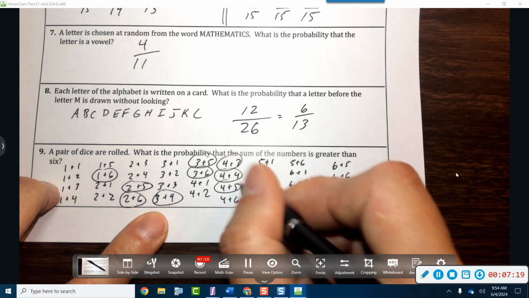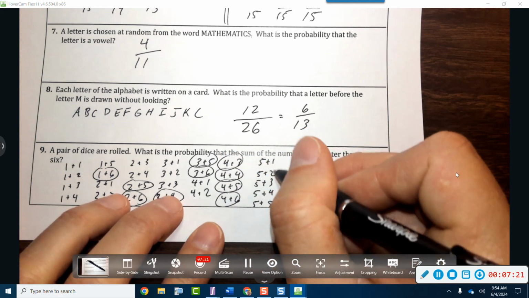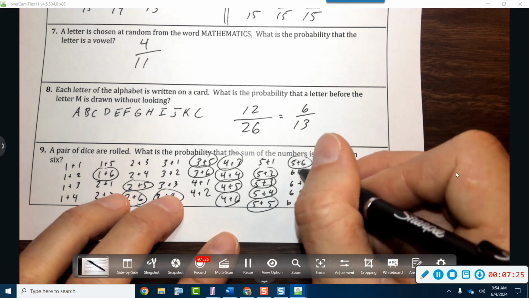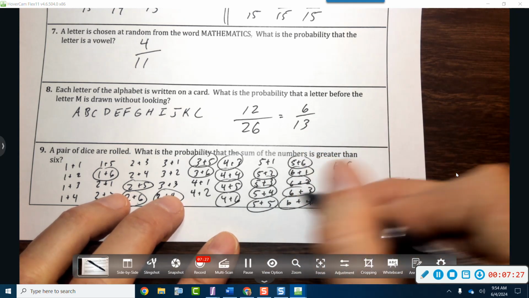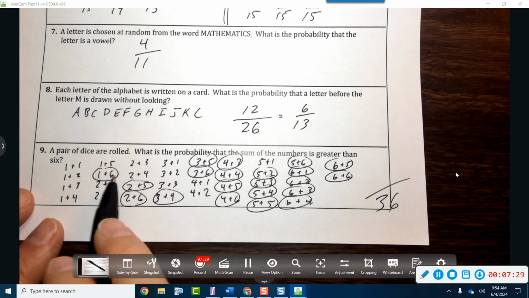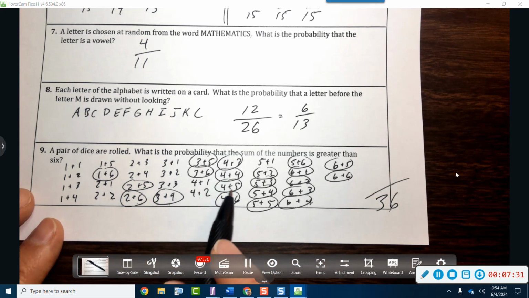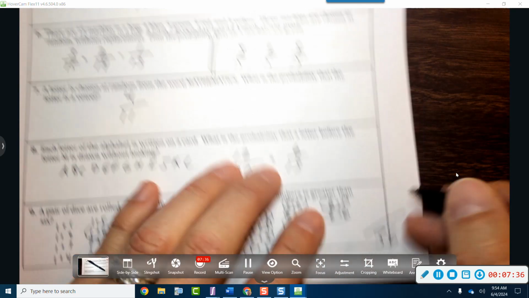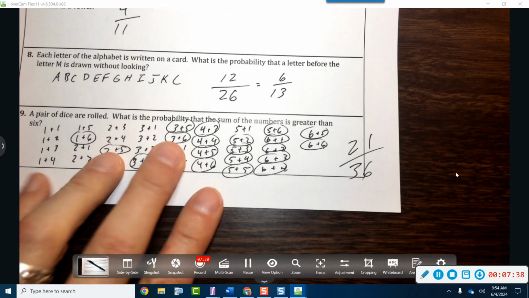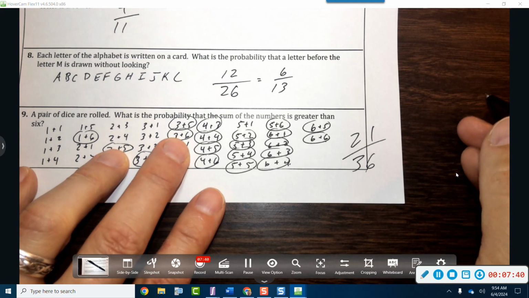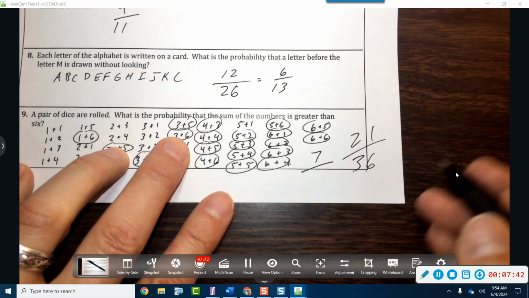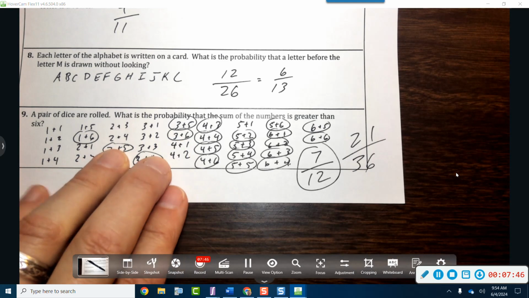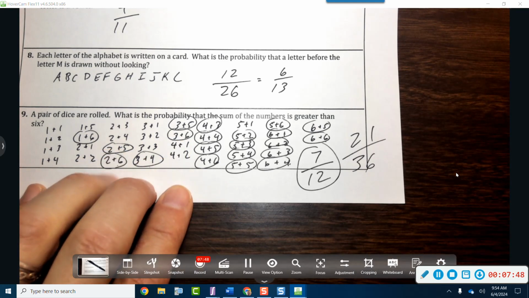Okay, just count them. 1, 2, 3, 4, 5, 6, 7, 8, 9, 10, 11, 12, 13, 14, 15, 16, 17, 18, 19, 20, 21. So 21 out of 36, which if you divide it all by 3, you're going to get 7 out of 12. You got a 7 out of 12 that it's going to be greater than 6. So that's something I would bet on.